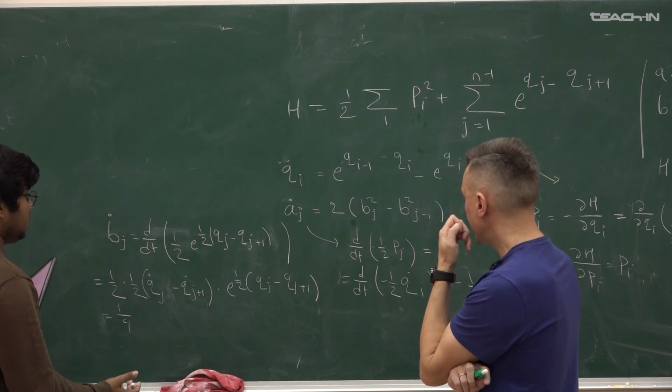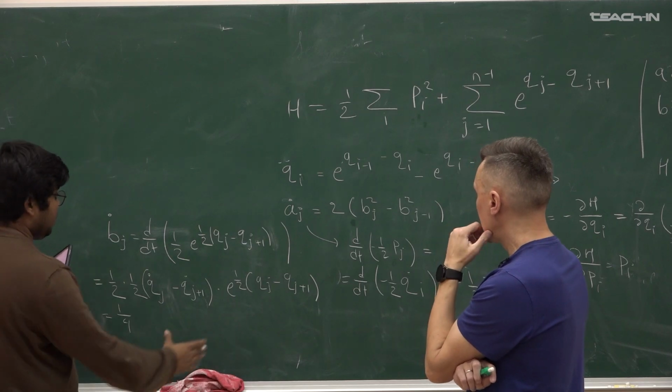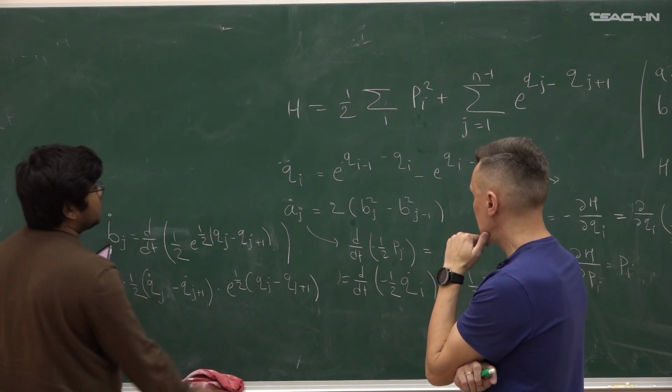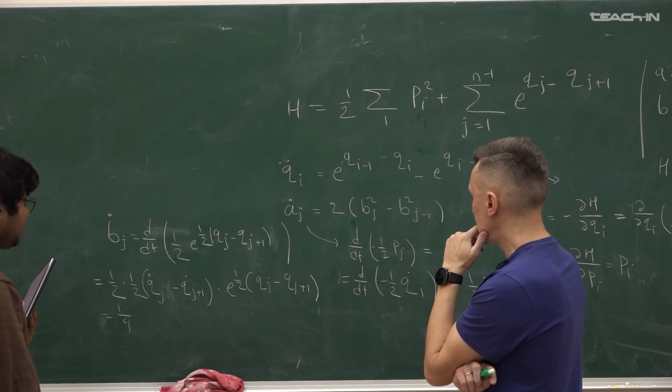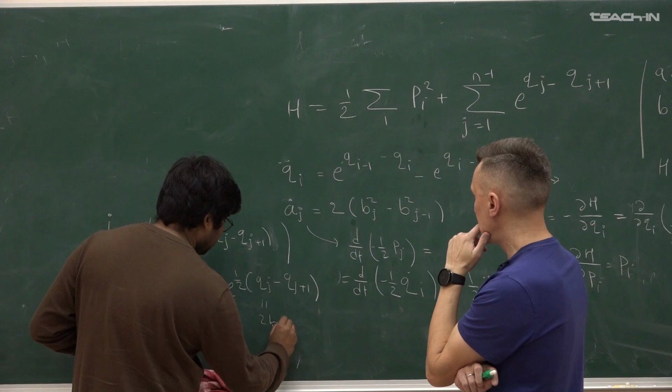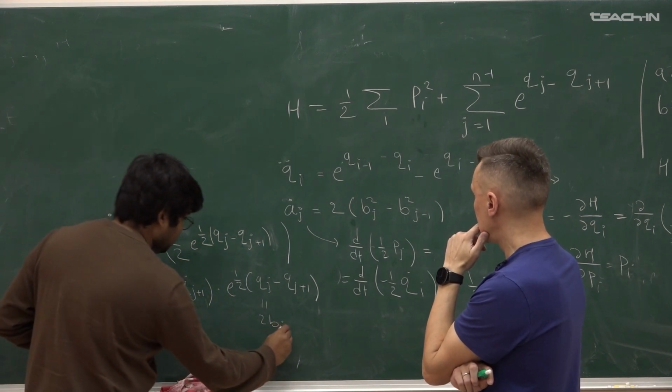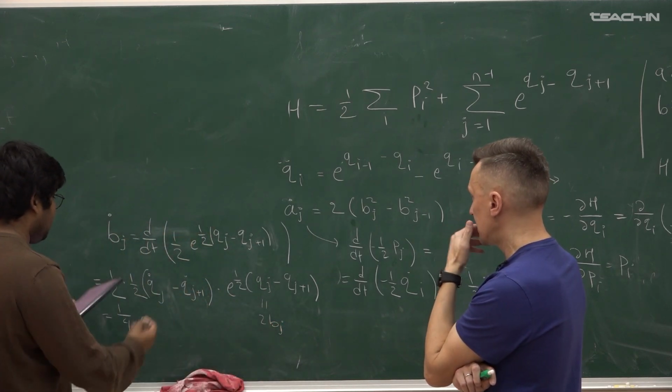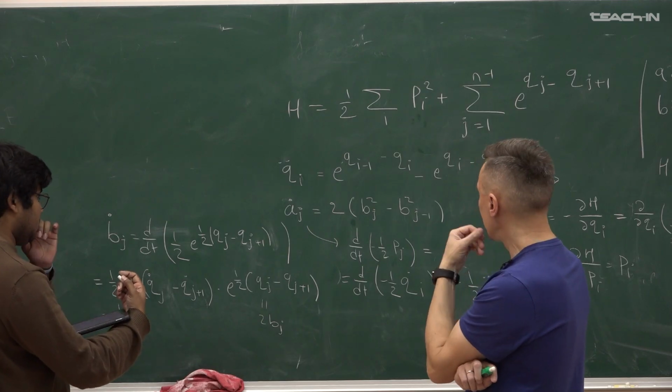So you can see that this thing is 2bj. And what is this?